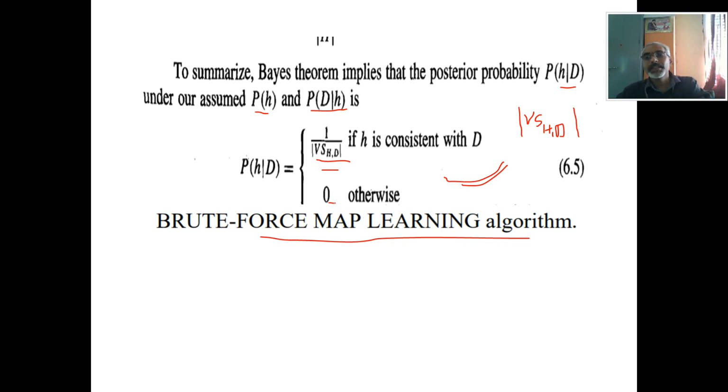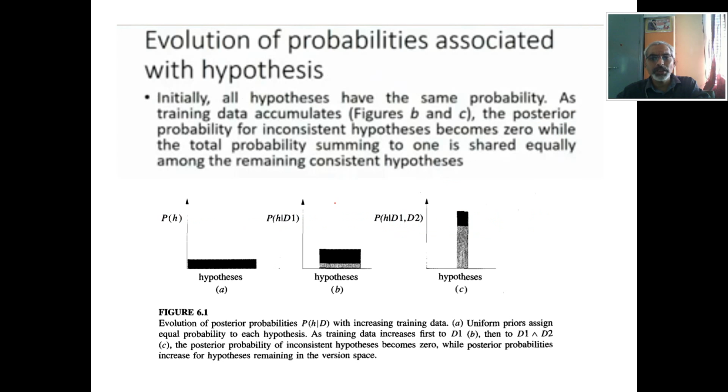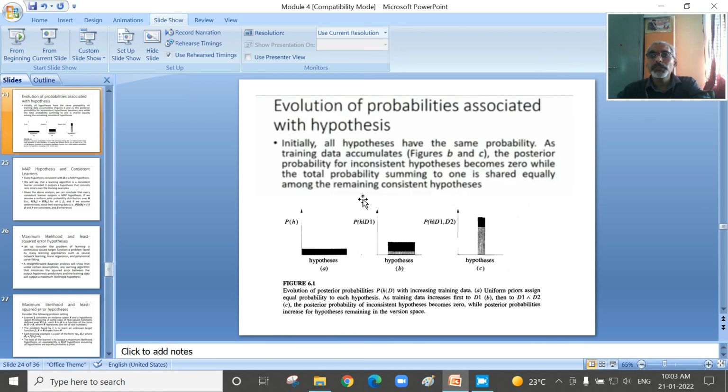So try to once again read this, and look into this video session carefully. Once you have understood, in the next section we will be discussing the evolution of probability associated with our hypothesis. How you are going to see the evolution of these probabilities, when you have some hypothesis and when you look into the training example, and why we say the training example is very important for us, we will be discussing in our next topic.